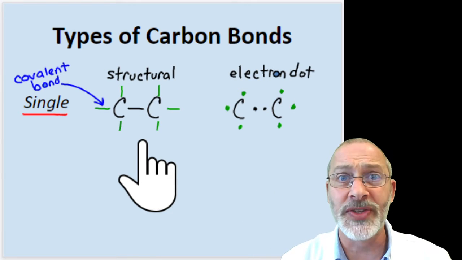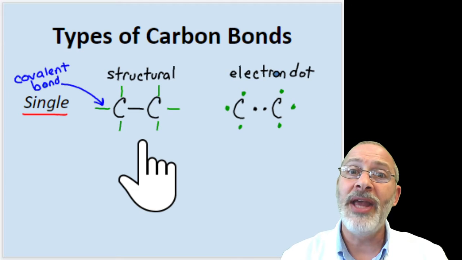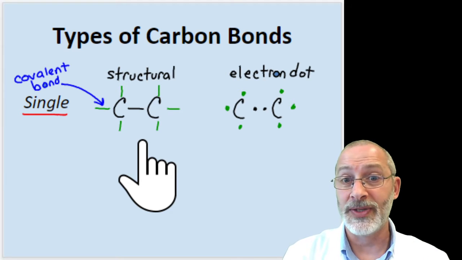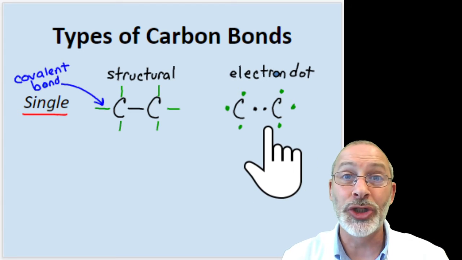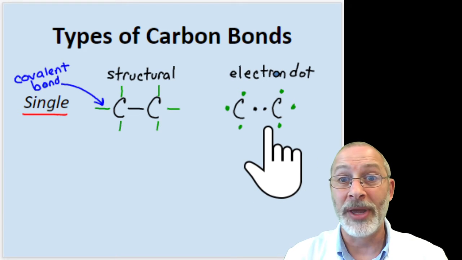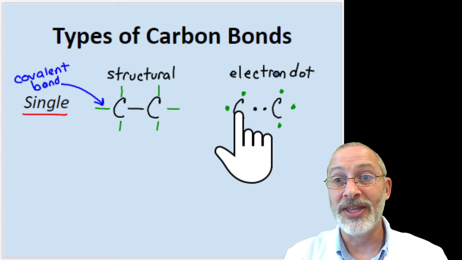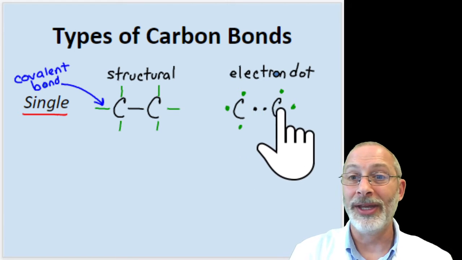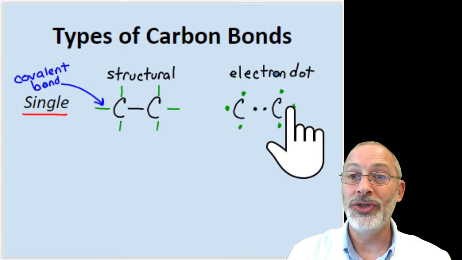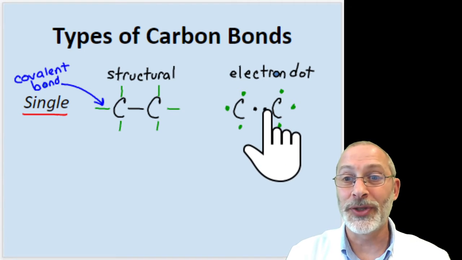And I want you to look at something. Since carbon has 4 valence electrons, and incidentally, that's illustrated in the electron dot, the Lewis dot formation here, you can see that this carbon has 1, 2, 3, 4 dots around it. This carbon has 1, 2, 3, 4 dots around it.